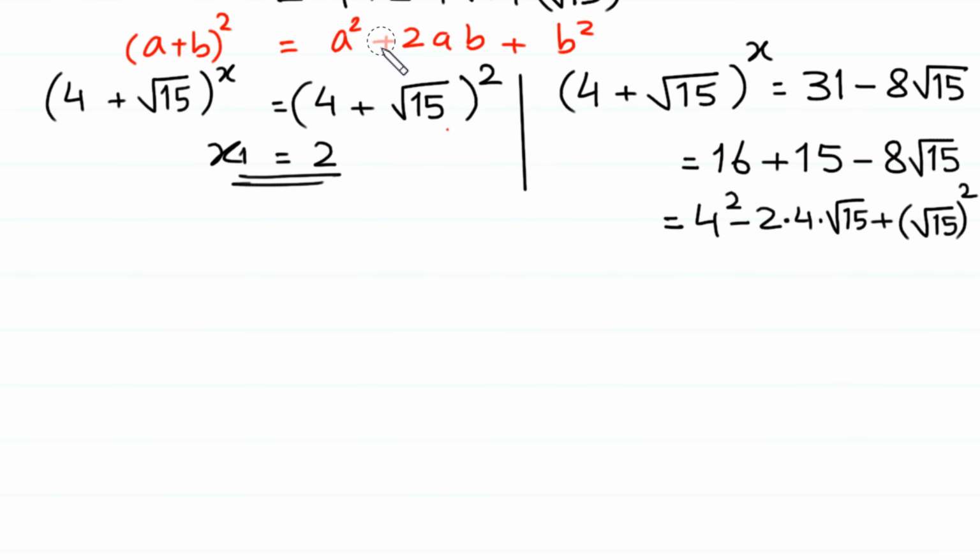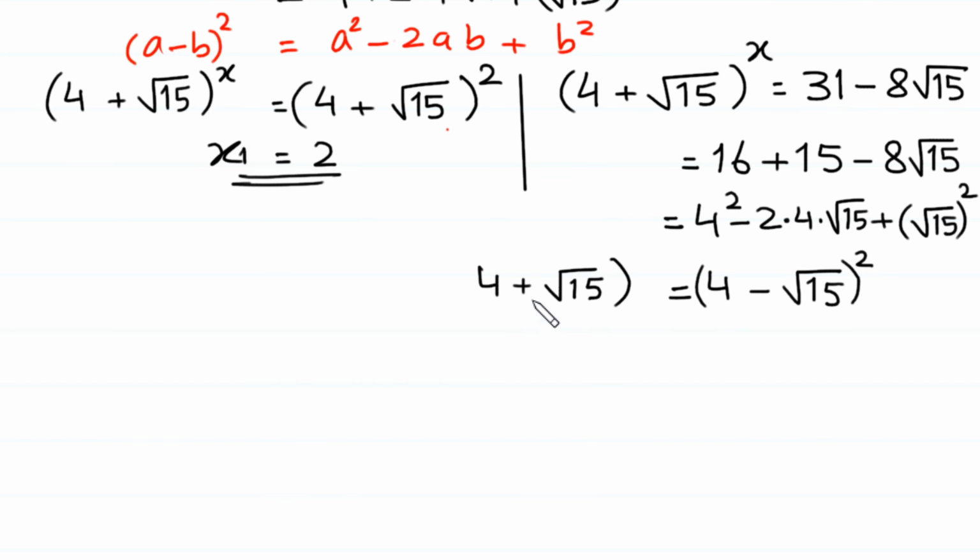And according to an algebraic identity, a square minus 2ab plus b square is equal to a minus b whole square. According to this identity, we can write this expression as 4 minus square root of 15 whole square, and at left side we have 4 plus square root of 15 whole to the power x.